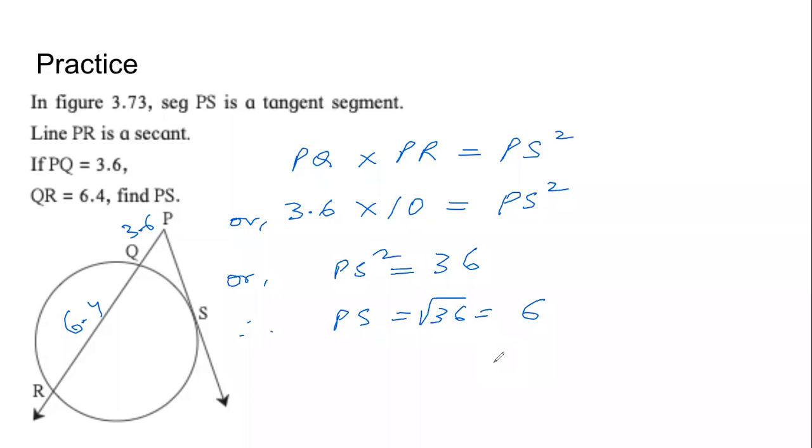And this is an example question, example number 1 on page number 80. So all the questions in this part of the chapter, whether they are in examples or in the practice set, relate to the segments of the chord, segment of the tangent, segment of the secant.